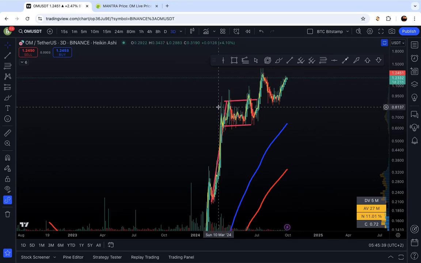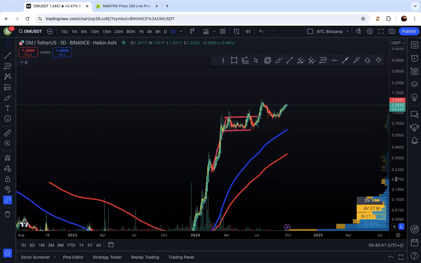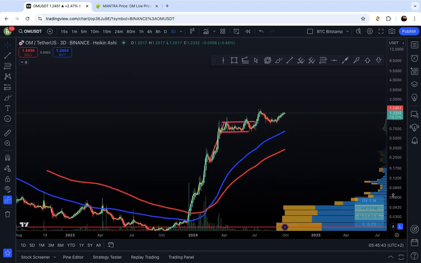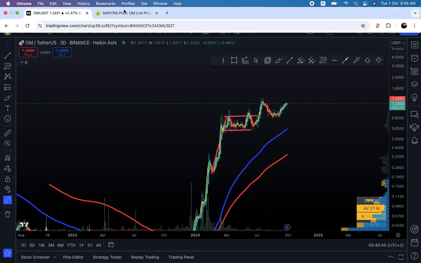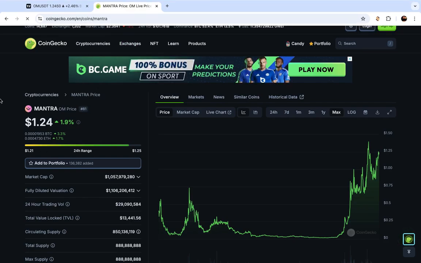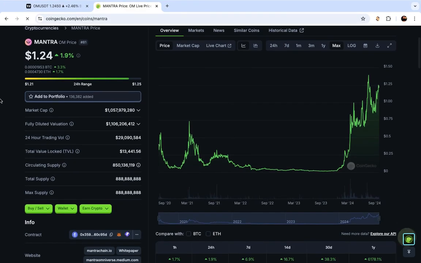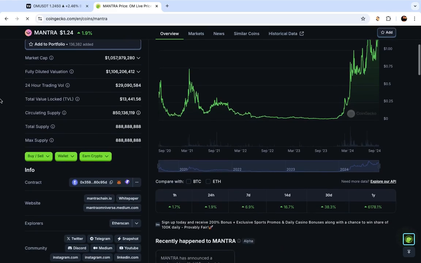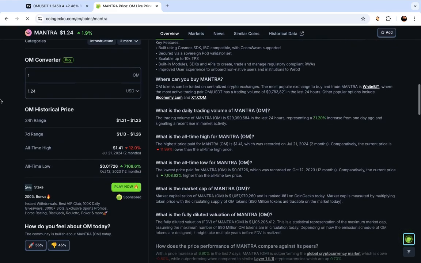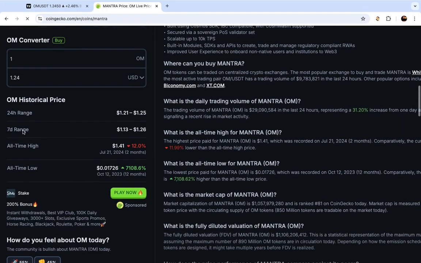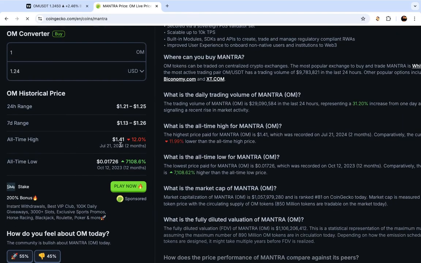So this is what has been happening. First of all, you are aware that we recently had a very good trajectory. If you take a look at the statistics of Mantra, OM, you can see that we recently had the previous all-time high, which happened around $1.41 on the 21st of July 2024, about 2 months ago.